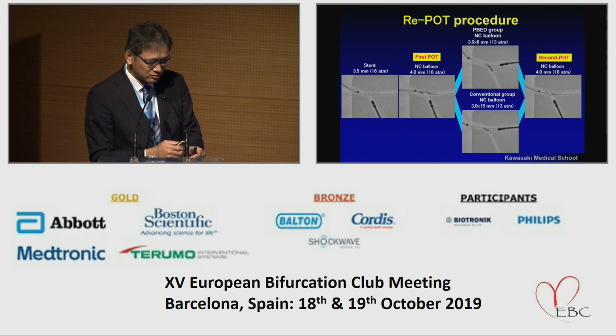The first POT was performed using a 4.0 millimeter non-compliant balloon, and then a 3.0 millimeter non-compliant balloon for side branch dilatation. And we compared between the proximal balloon edge dilatation group and the conventional group. And then the second POT was performed using the same balloon as the first POT.